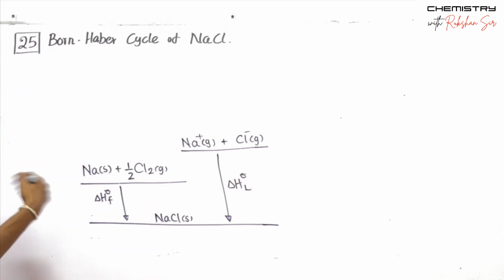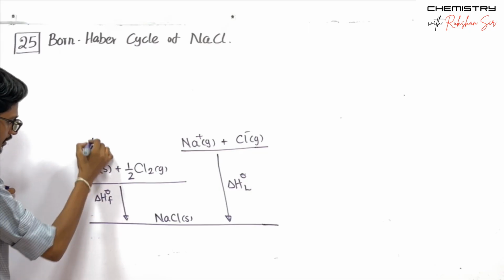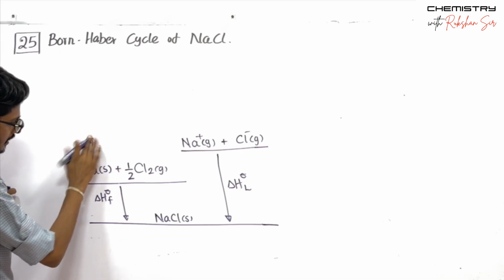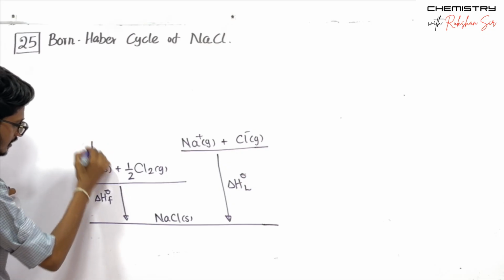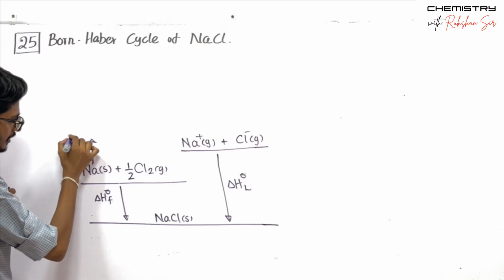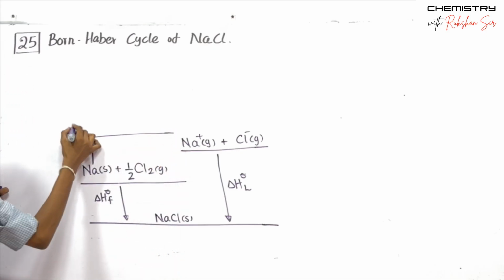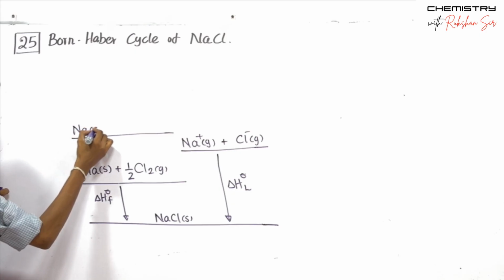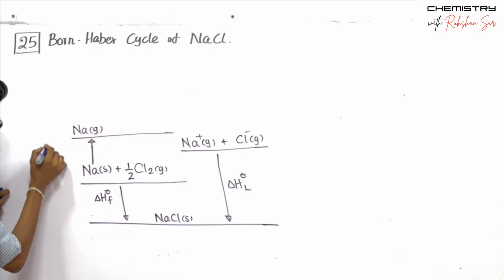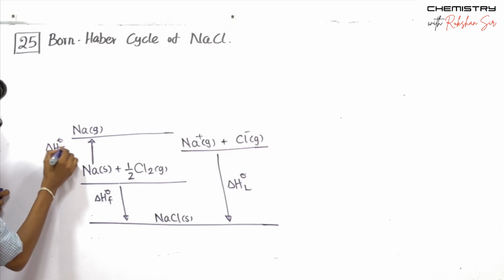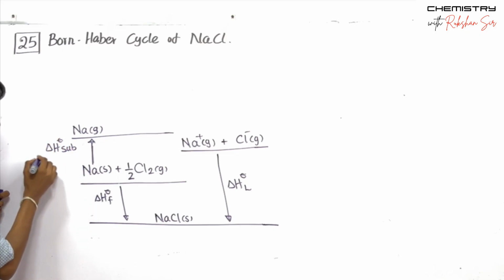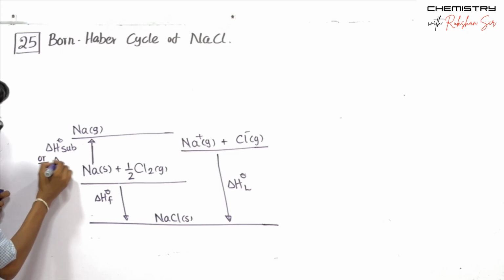Sodium can be converted to its monoatomic gaseous form by a few ways. You can think of sublimation of sodium to come up with sodium gas. This can be done by sublimation, or this can be done by atomization.